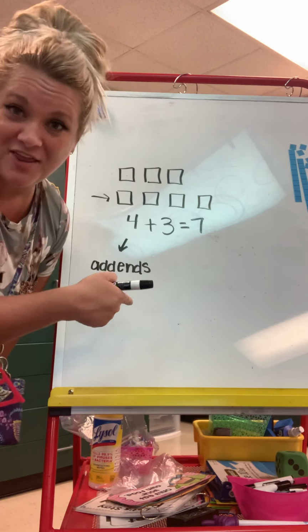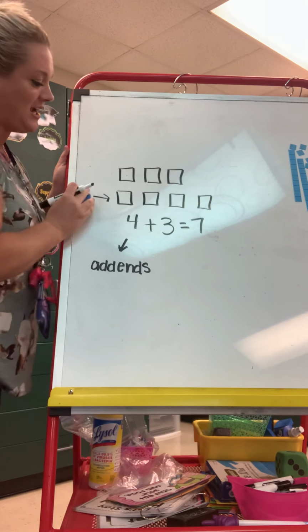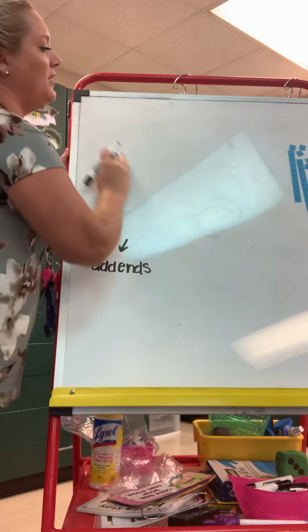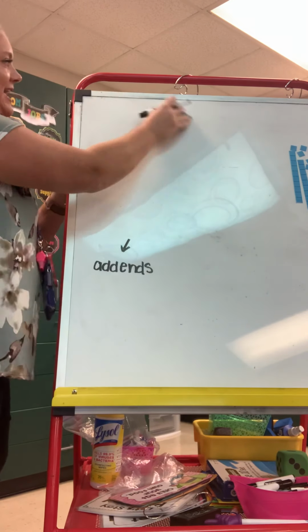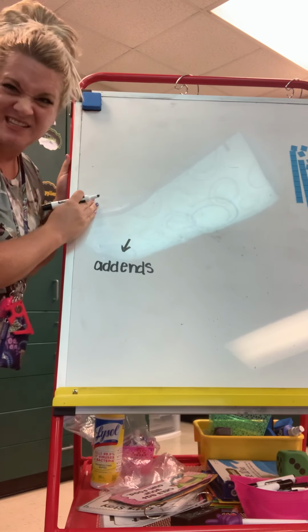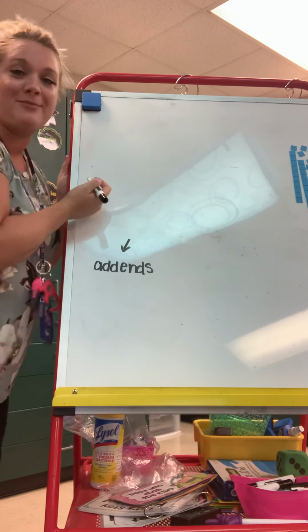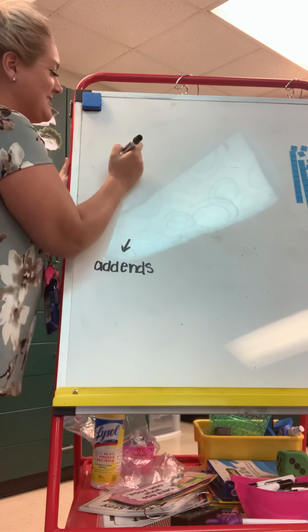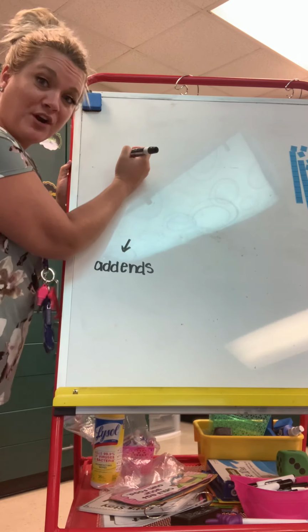You can do this with other problems too. Let's try another one. All right, let's say I'm out on the sidewalk, I'm playing with some sidewalk chalk, and I see some ants. And I'm gonna make my ants circles, because remember, I am not an artist, but that's okay. So let's say today I see 4 ants.